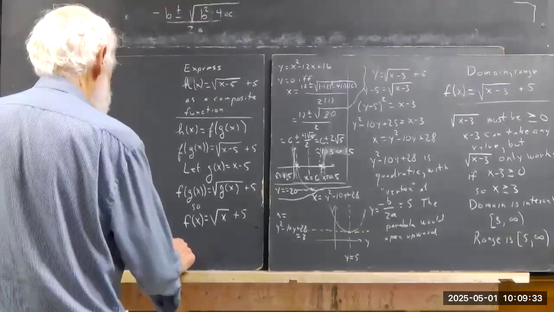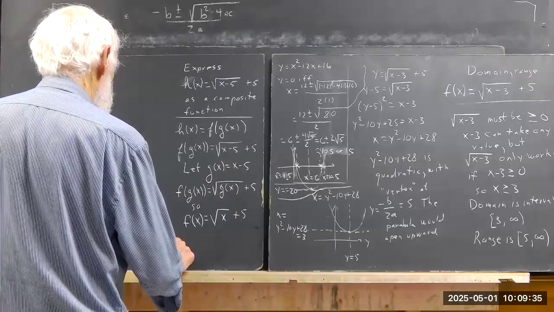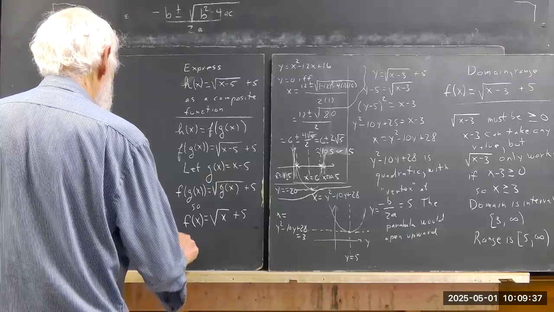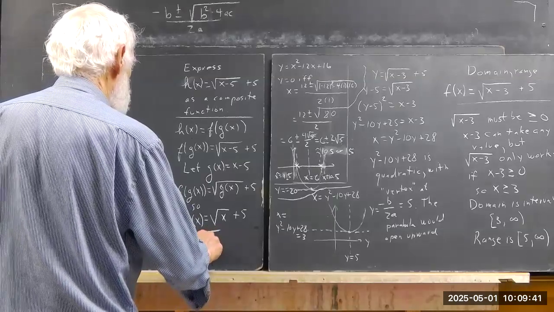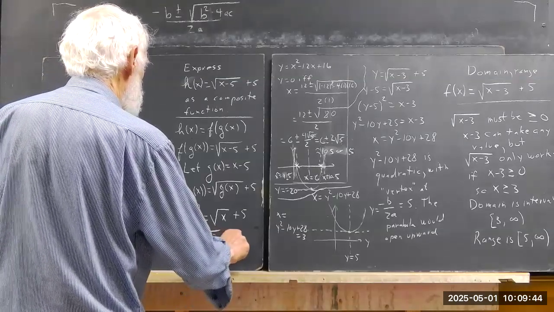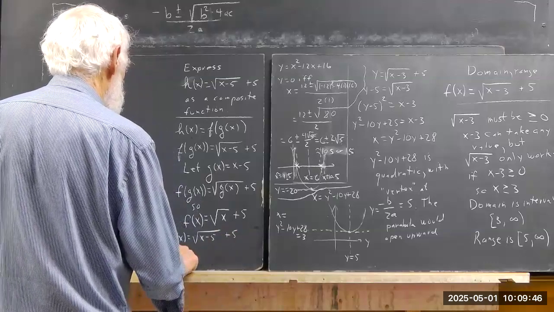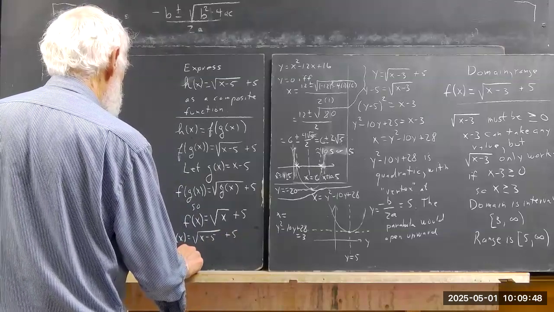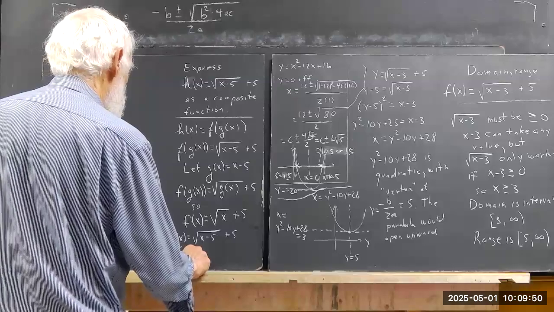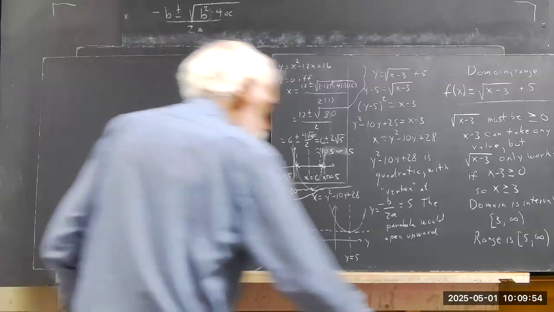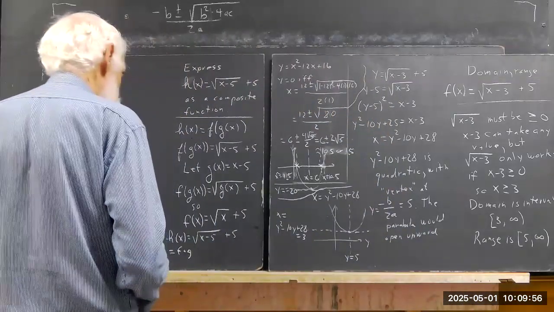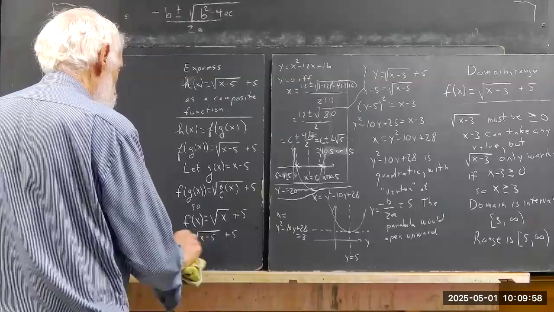We could say h of x equals square root of x minus 5 plus 5 equals the composite function f circle g, and I've been using script, so let's not confuse the issue here.